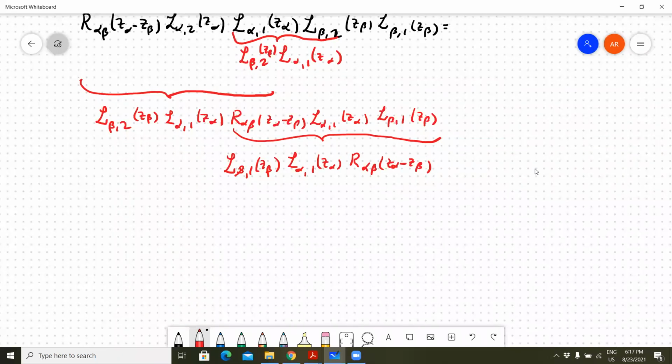And now again, I did something wrong. Here it was 2 and 2, and I changed it to a 1 somehow, but it's a 2. Okay, so we can now switch these two, because again, they act in different sides.